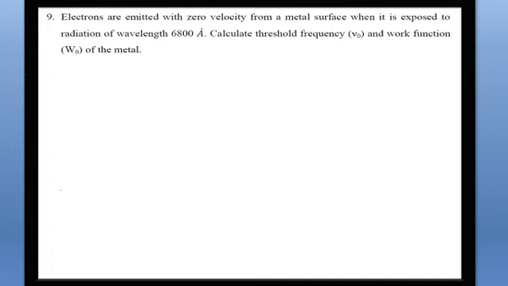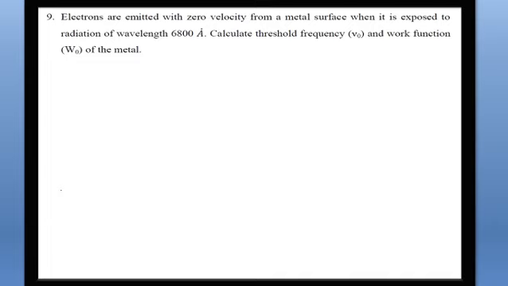Electrons are emitted with zero velocity from a metal surface when it is exposed to radiations of wavelength 6800 angstrom.